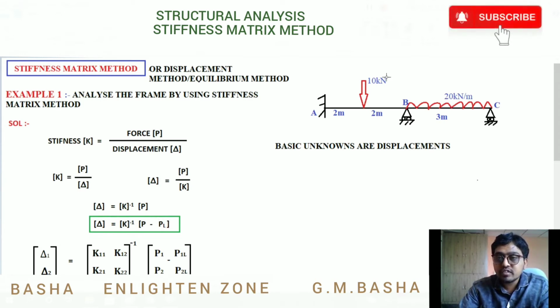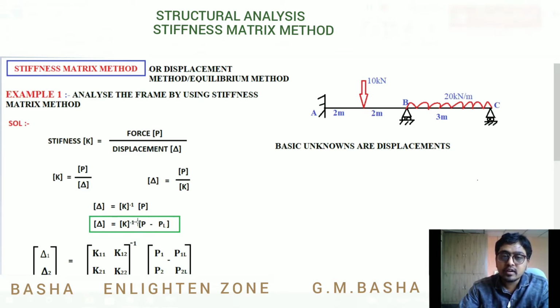For example, if there are 10 kilonewton loads given in this problem, this PL can be obtained from the given loading condition, and this P can be obtained from the final forces or any external forces given in the question. I will show you each and every term step by step, one by one.